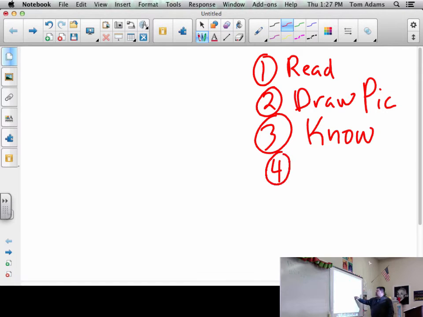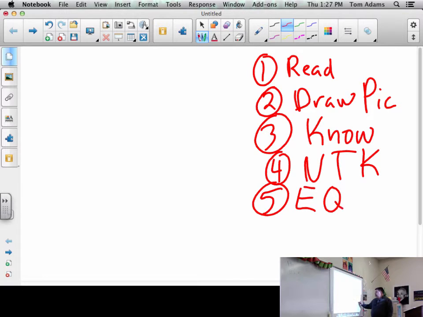Step number 4 is we need to list what we need to know. Usually in a physics homework problem, they want you to find something. Now this usually involves some sort of equation. When we list what we know, there's going to be a bunch of variables here, like velocity, mass. I'm sorry, I ran out of room on the screen. That word's not a variable, but mass or velocity or time. We're going to list all that stuff. And when we go to pick the equation, guess what?